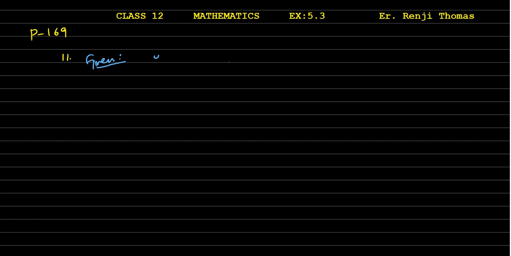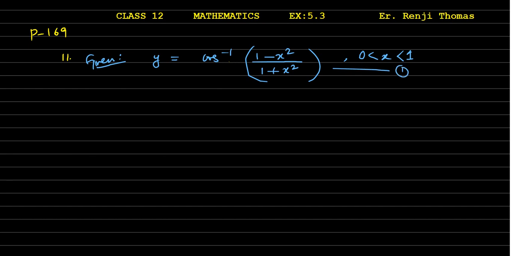It says y is equal to cos inverse 1 minus x square by 1 plus x square. That is what is given. And then the value of x lies between 0 to 1. First of all, mark it as equation number 1, all of you. Okay, so let us start solving this.